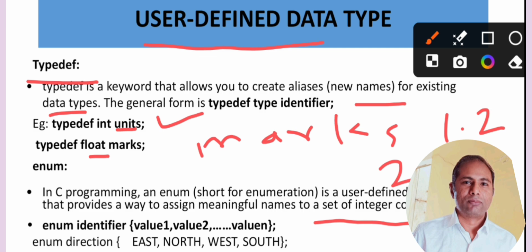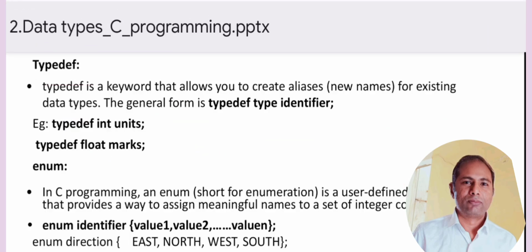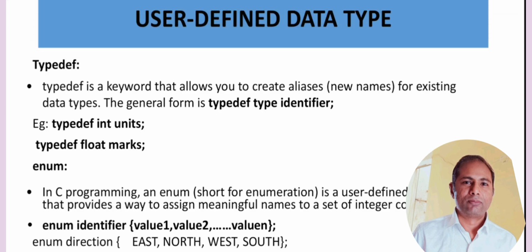By default, if we don't assign any integer value, the initial name is assigned the value 0. So enum means we can assign meaningful names to integers. So this is enum. These two, typedef and enum, are the user defined data types.